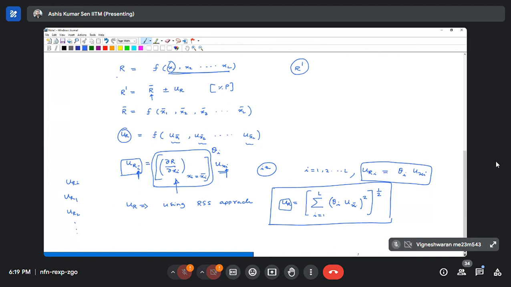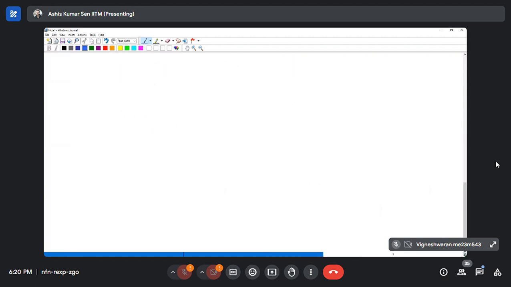So you can use some numerical approach to estimate the propagation of uncertainty, that is known as sequential perturbation. So I will talk about the sequential perturbation method to evaluate the uncertainty propagation.